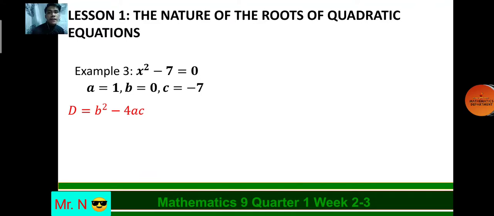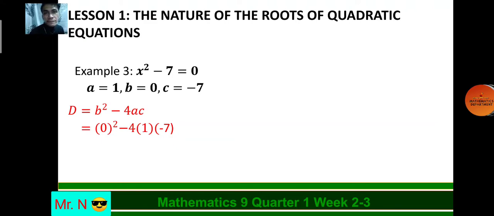The value of A is 1. The value of C is negative 7. Now let's substitute all the variables by its values. So the value of B is 0, the value of A is 1, and the value of C is negative 7.